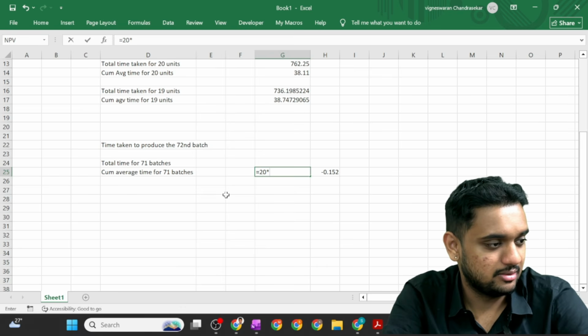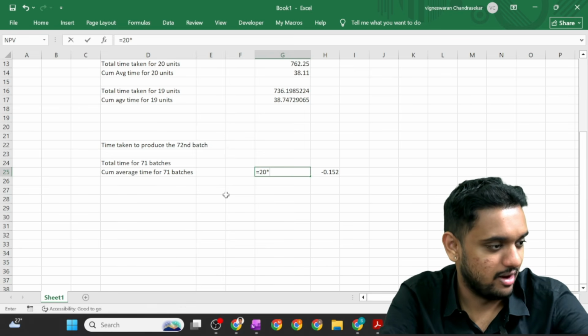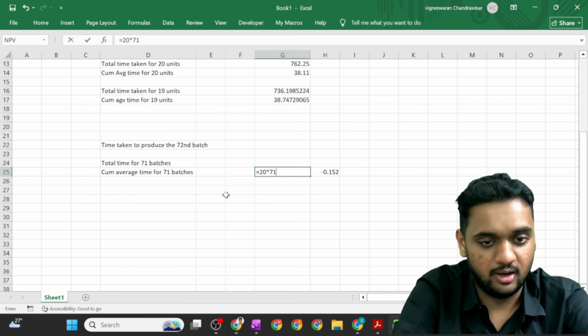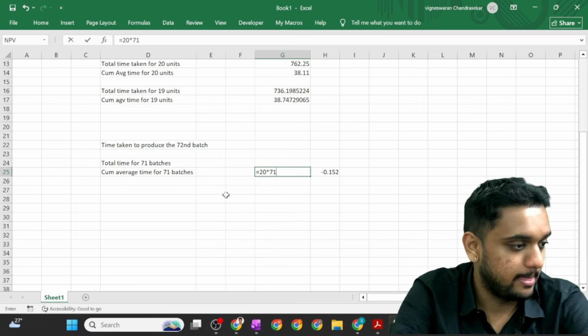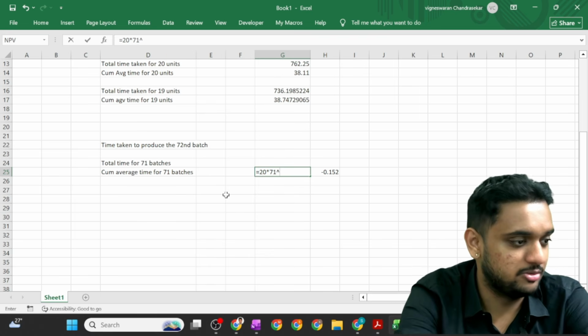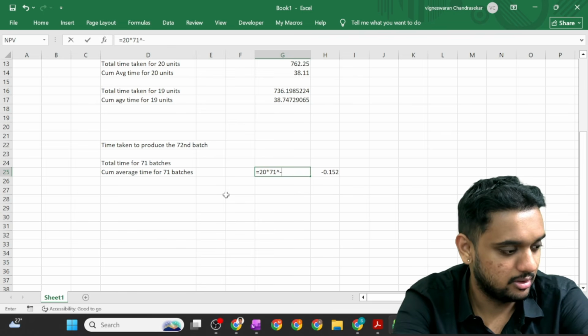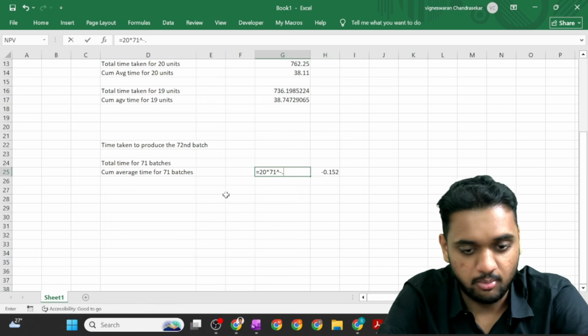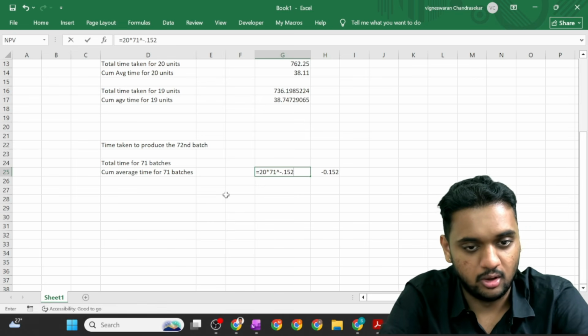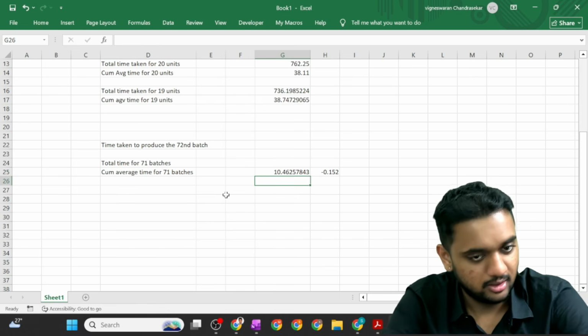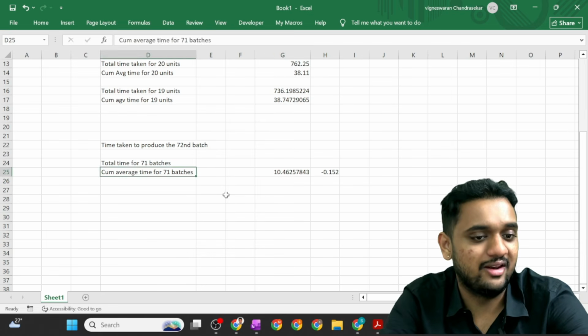What we are finding is 71, so x is 71. 71 to the power b, which is minus 0.152. Keep it aside. This is the cumulative average time for 71 batches.